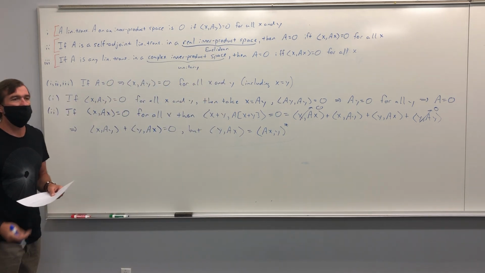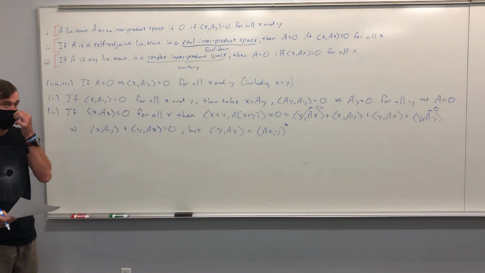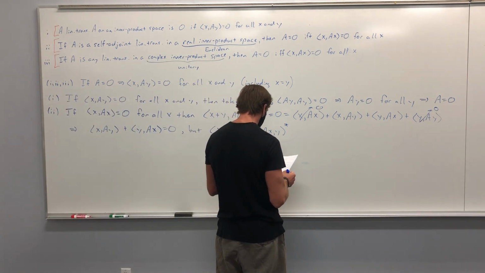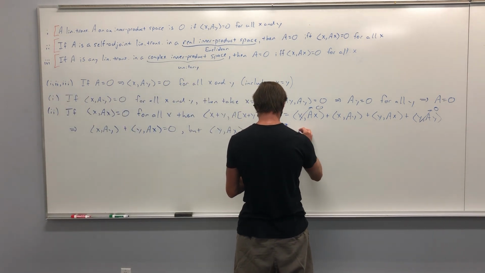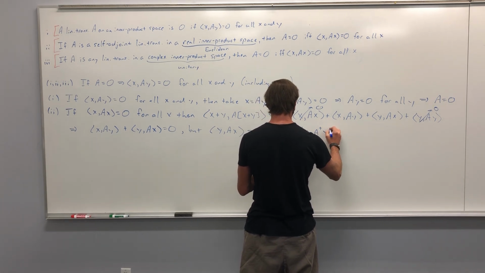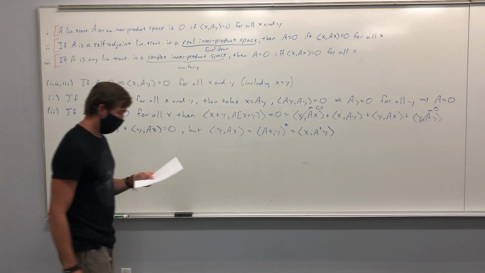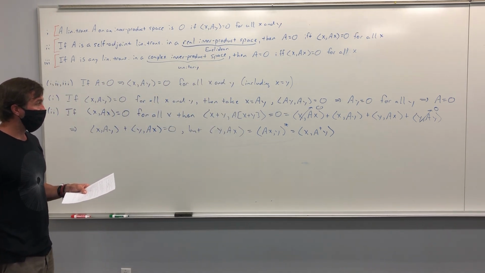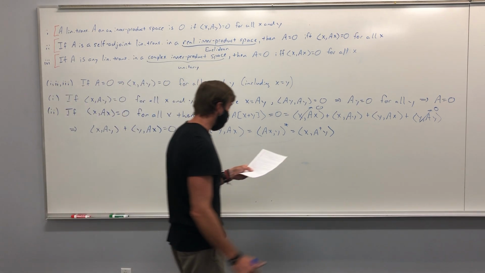That's just the definition of the inner product. I can reverse the order as long as I complex conjugate it. Okay. And then I can use the definition of the conjugate, or of the adjoint.